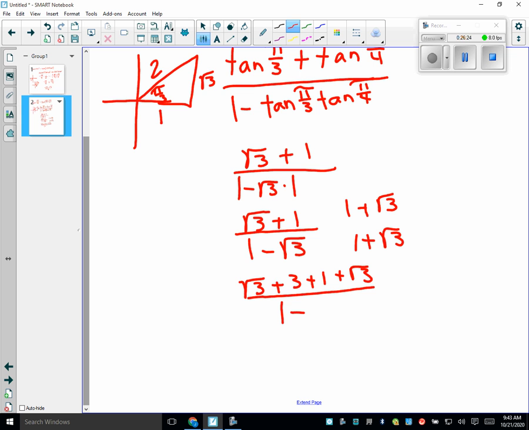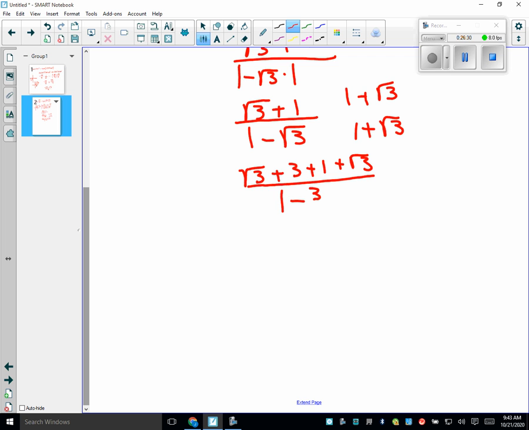What is radical 3 squared? 3. So then is it radical 3 minus 2 on top? Do I have 2 radical 3 plus 4? Yes. What do I have on bottom?